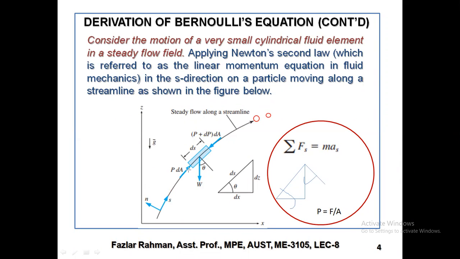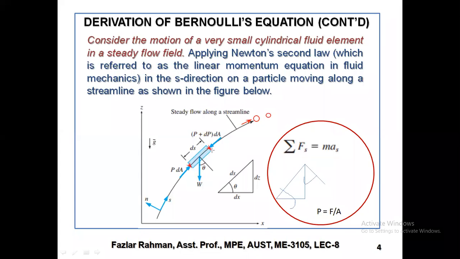Because somebody is pushing it from behind. That means that is the pressure energy pushing it along this direction. So if we are thinking this is a cylindrical fluid element, right over here the area is dA, and right over here the area is dA.